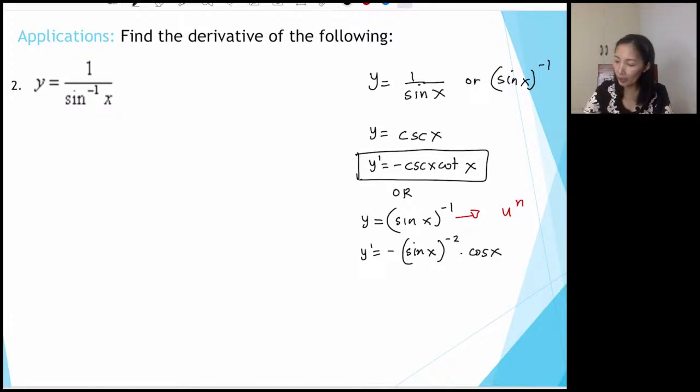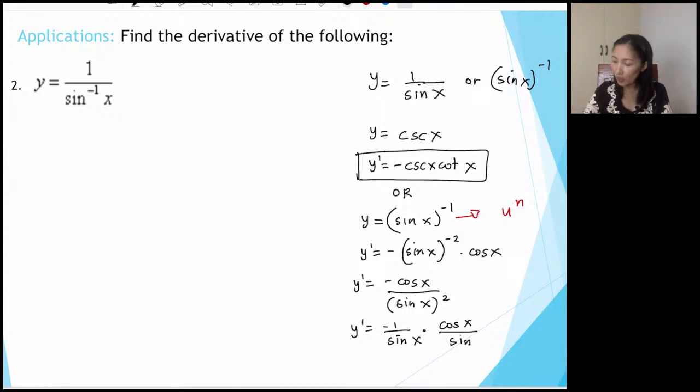We can rewrite this as negative cosine x all over, to make this positive, sine x raised to the second power. But I could express this as negative 1 over sine x times cosine x over sine x.